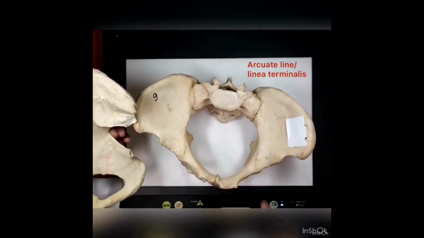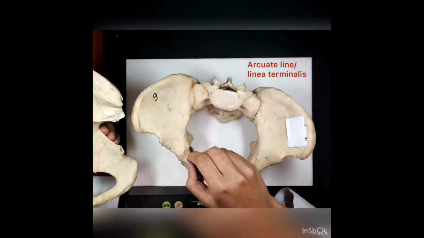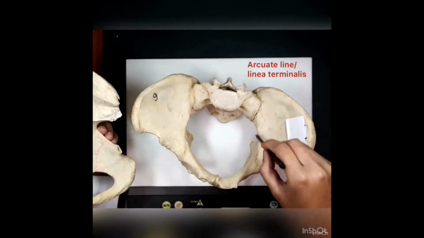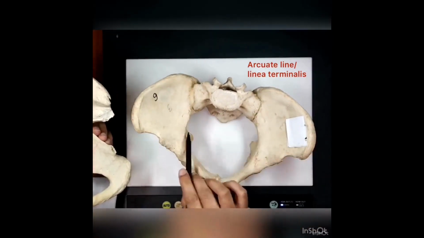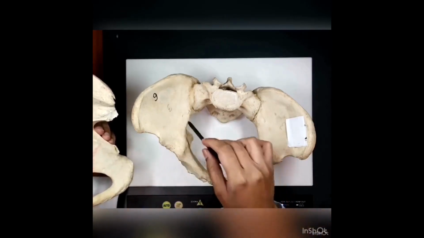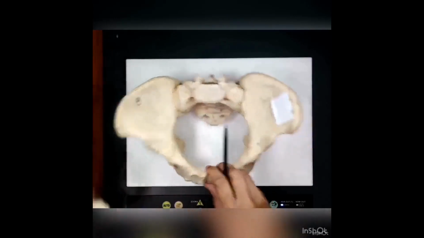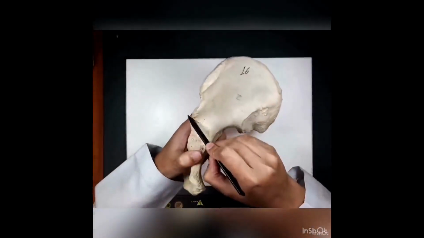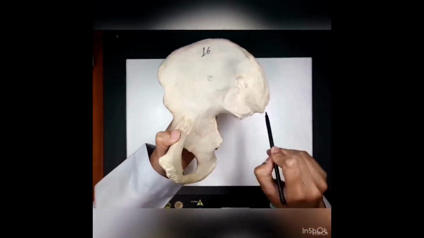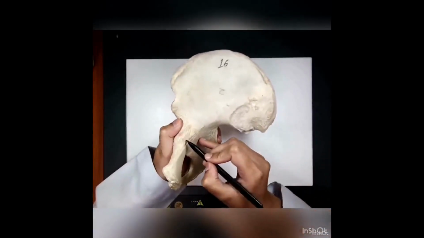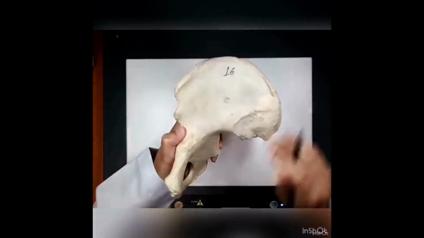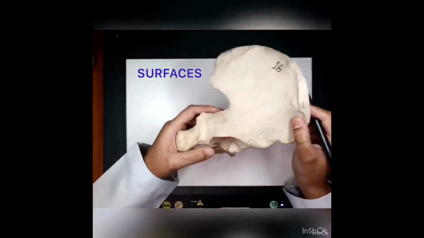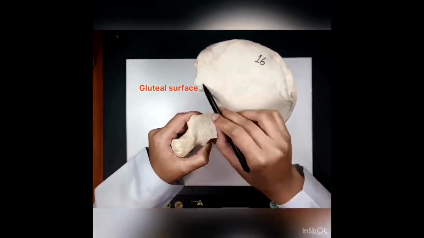Here you can appreciate a pelvis. This is the arcuate line formed by the medial border of the ilium. Above it is the false pelvis and below it is the true pelvis. This is the anterior border, this is the medial border and this is the posterior border, and this point is iliopubic eminence. Now coming to the surfaces, this surface is the gluteal surface.